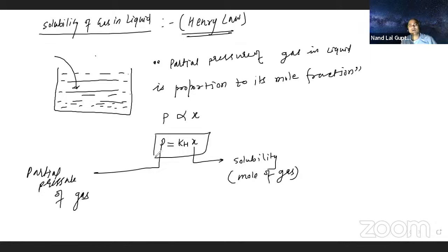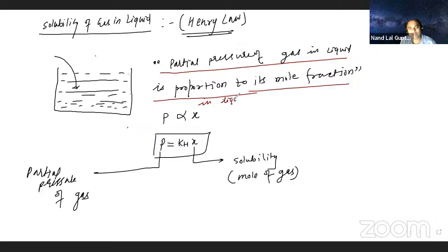So this is how we study the solubility of a gas in a liquid in terms of partial pressure: the partial pressure of the gas is proportional to its mole fraction in the liquid solution.